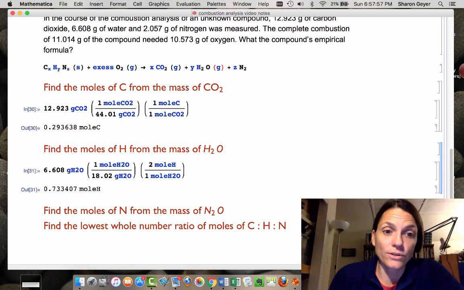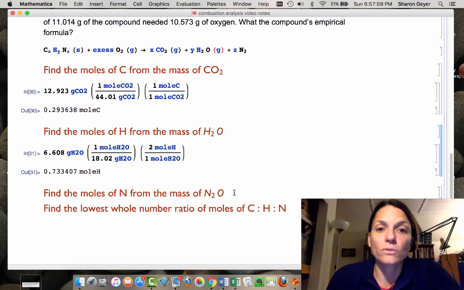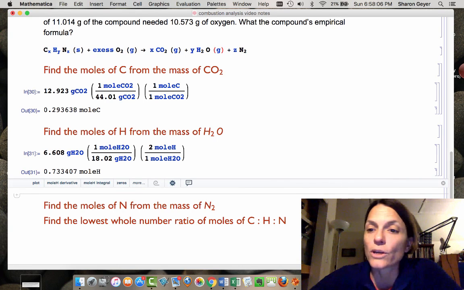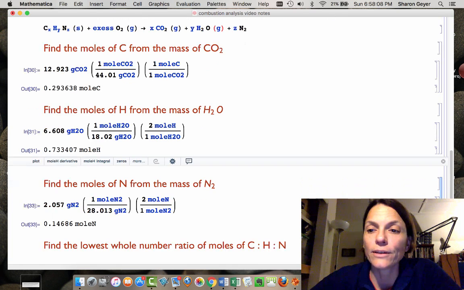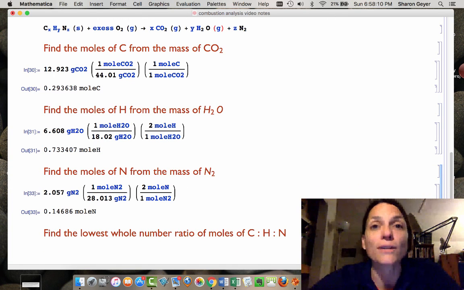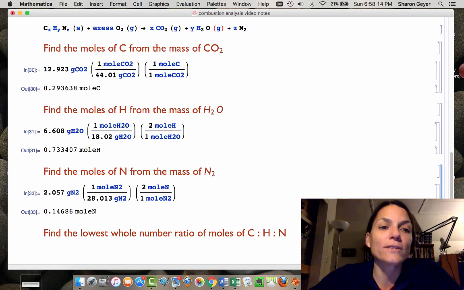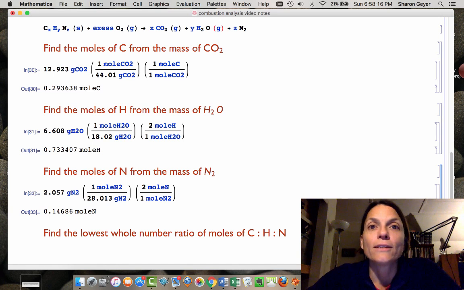And here's our third step. Oops, that should just be N2. We know how much N2 is produced, so we're going to use that to figure out the number of moles of nitrogen atoms in the compound. We have the mass of the nitrogen, 2.057, divided by the molar mass of N2.